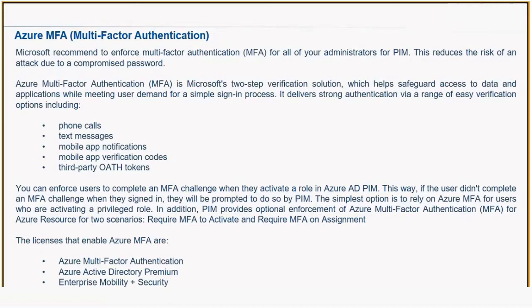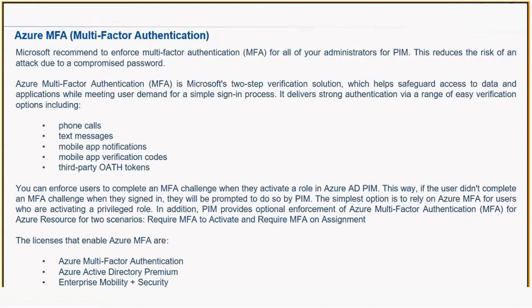If I'm a normal user, I don't need to go through this MFA. But yes, if I'm requesting privileged access, I have to go through MFA, because MFA is enforced for any privileged role. Right. In addition, PIM provides operational enforcement of Azure multi-factor authentication for Azure resources in two scenarios: either require MFA on activation or require MFA on assignment.